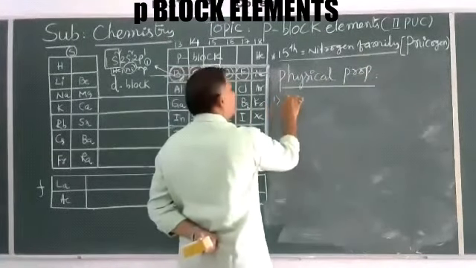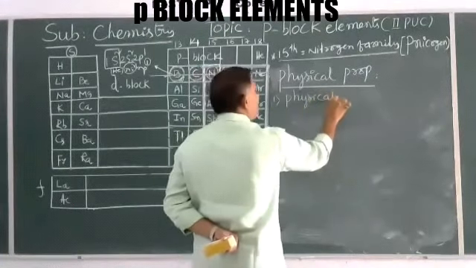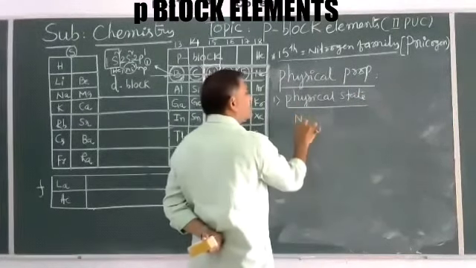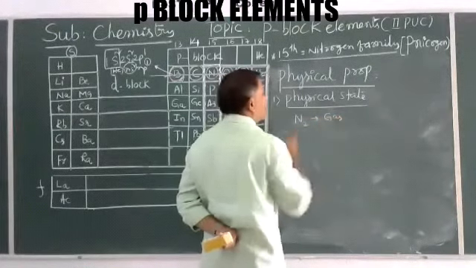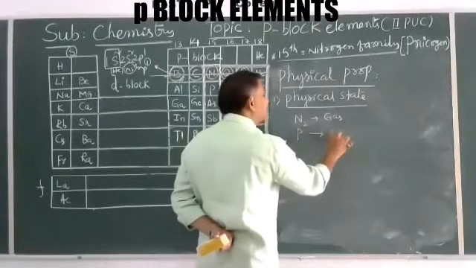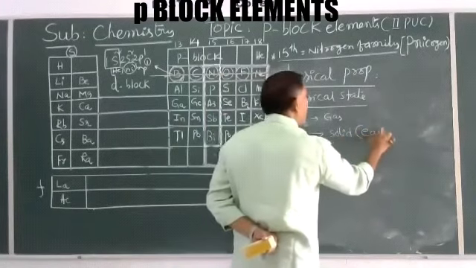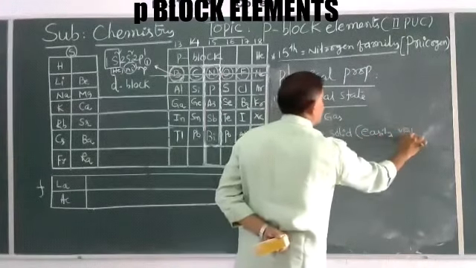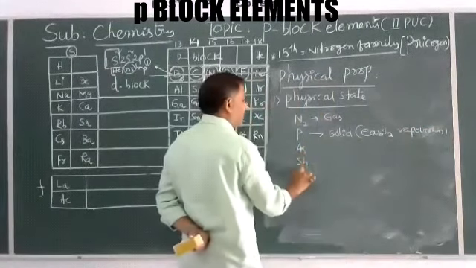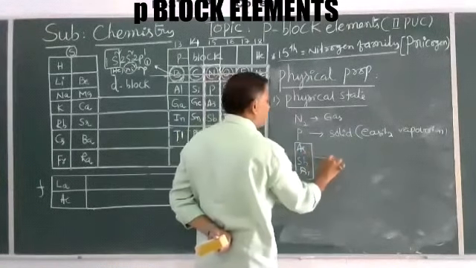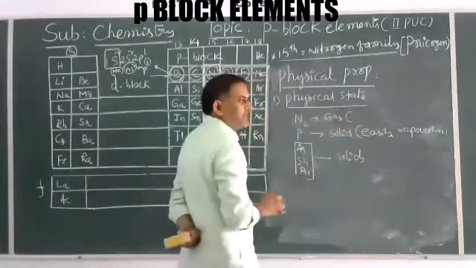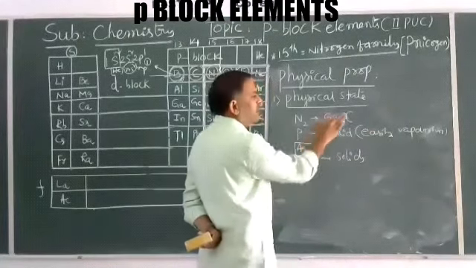Generally, the first one is physical state. At room temperature, nitrogen N2 is a gas. Phosphorus is a solid, but it is easily vaporized. The remaining arsenic, antimony and bismuth are solids. Nitrogen is a gas at room temperature under normal conditions.